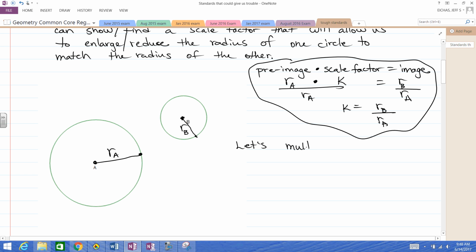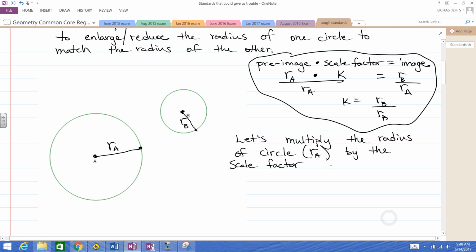Let's multiply the radius of circle A, r of A, by the scale factor, and this is what we're going to show right here, r of B over r of A.